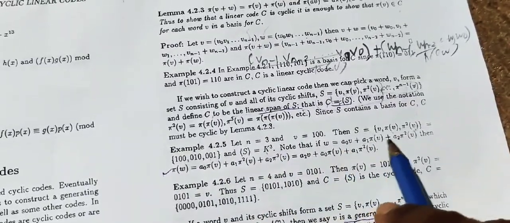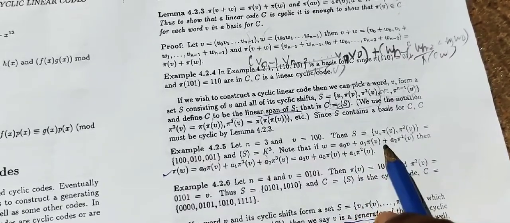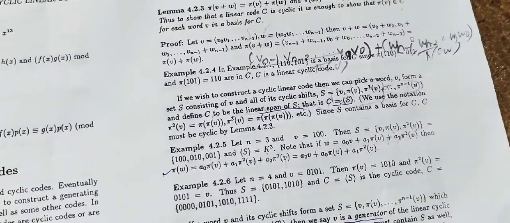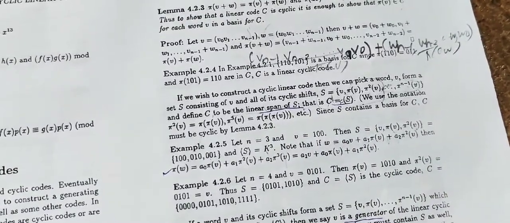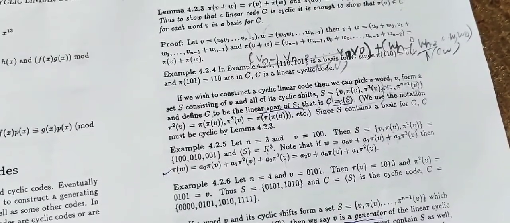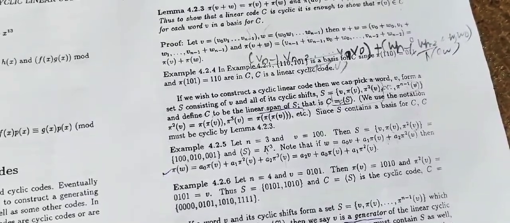And W is another element in terms of S, the set V, pi of V, pi square of V. So this set spans C, which means any element in C can be written as a linear combination of the basis elements.